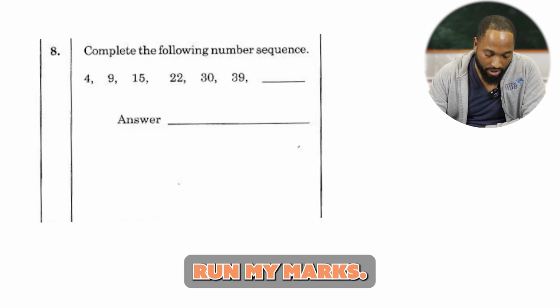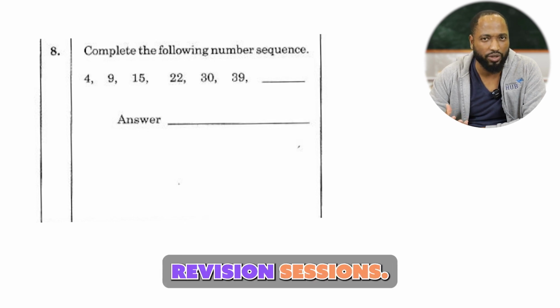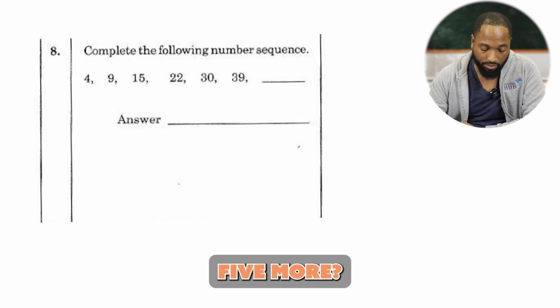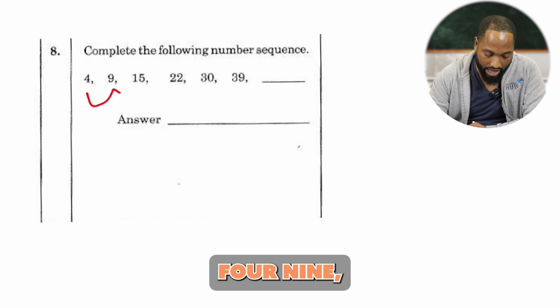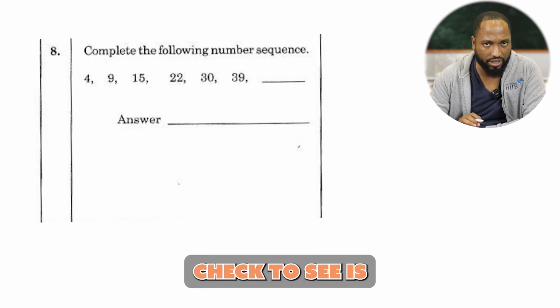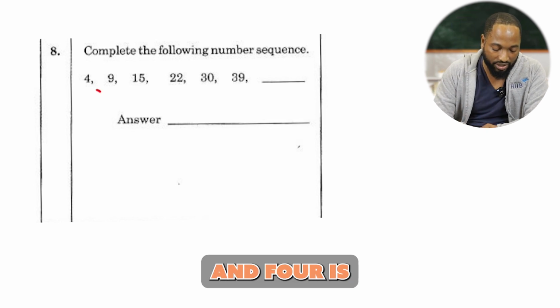Last question for revision. Maybe we'll do 1 or 2 more revision sessions. Complete the following number sequence: 4, 9, 15, 22, 30, 39. The first thing you must always check is if there's a common difference. Between 9 and 4 is 5.